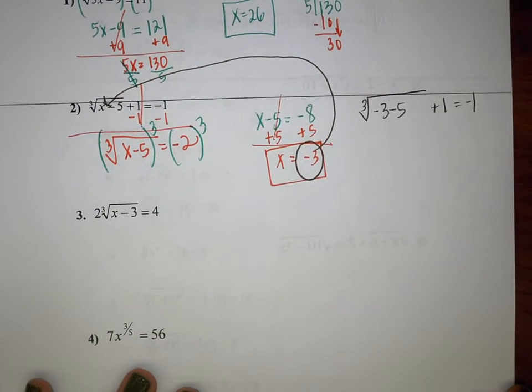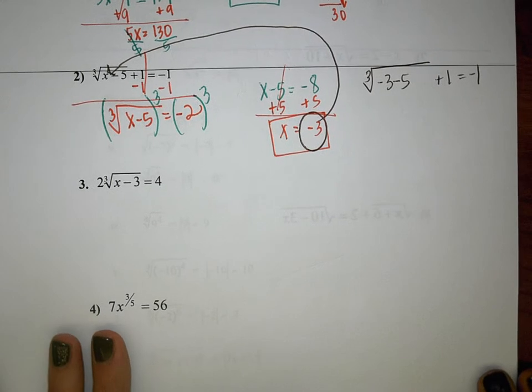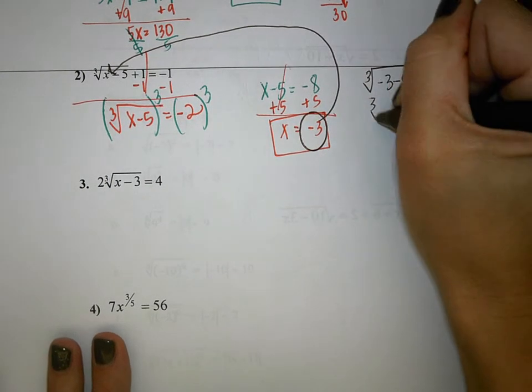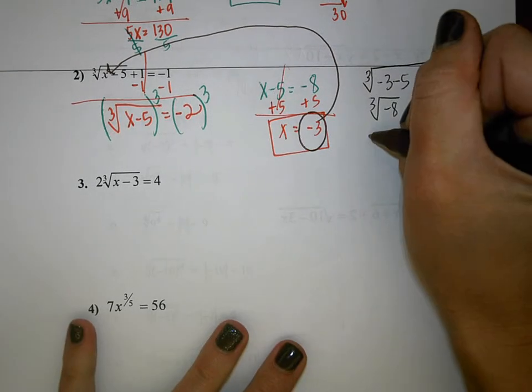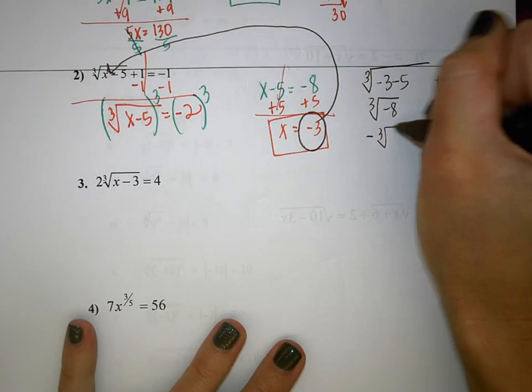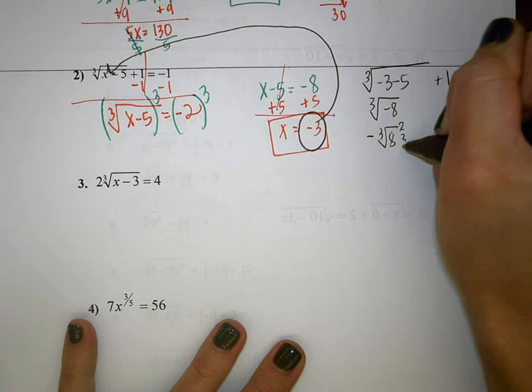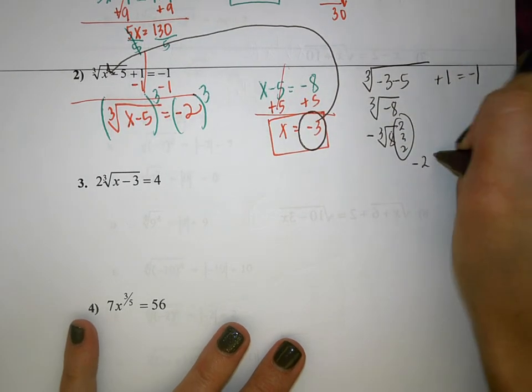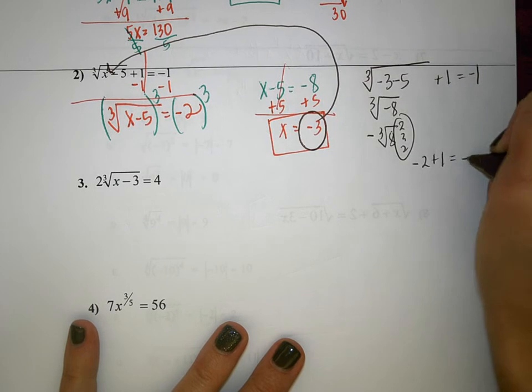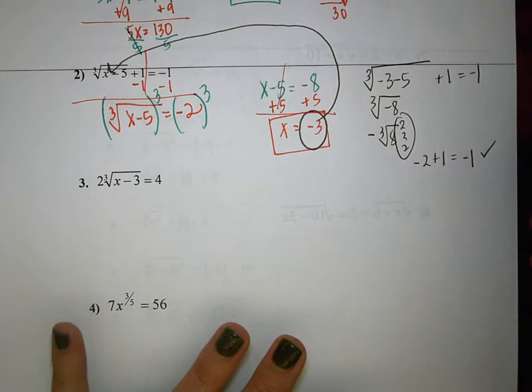So -3 minus 5 makes what? The cubed root of -8. And what is the cubed root of -8? Well, we'd end up taking out the negative, right? So you'd have negative cubed root of 8, and then 8 is 2, 2, and 2, which is a group of 2's. So I get -2 plus 1, and does that equal -1? So it checks out.